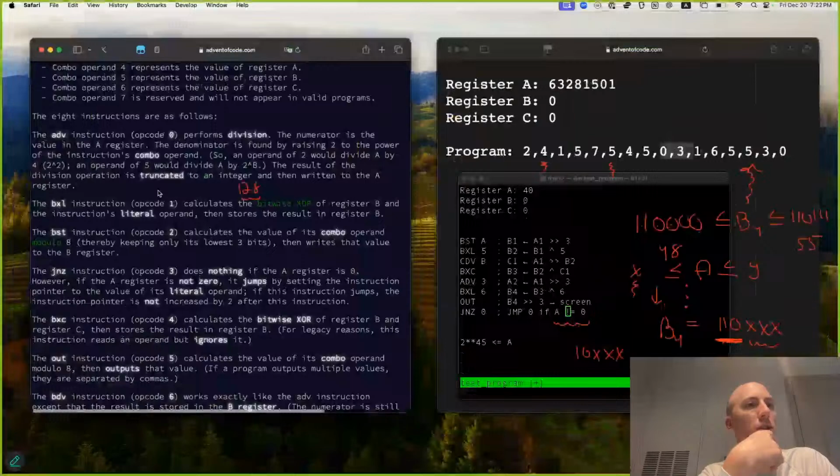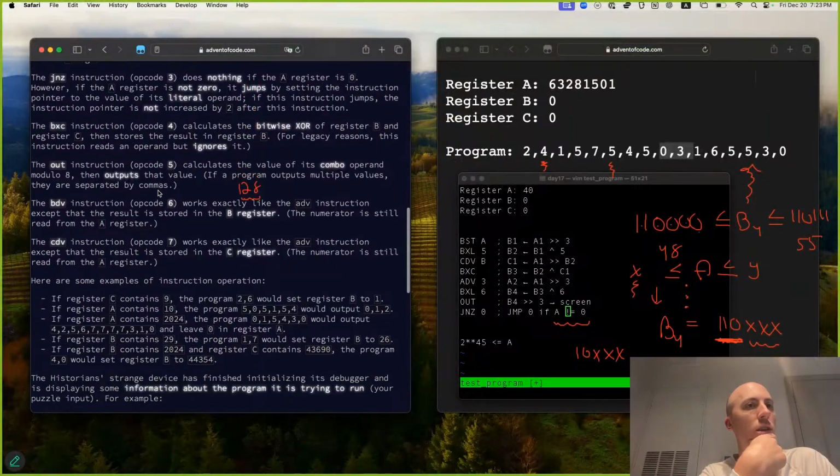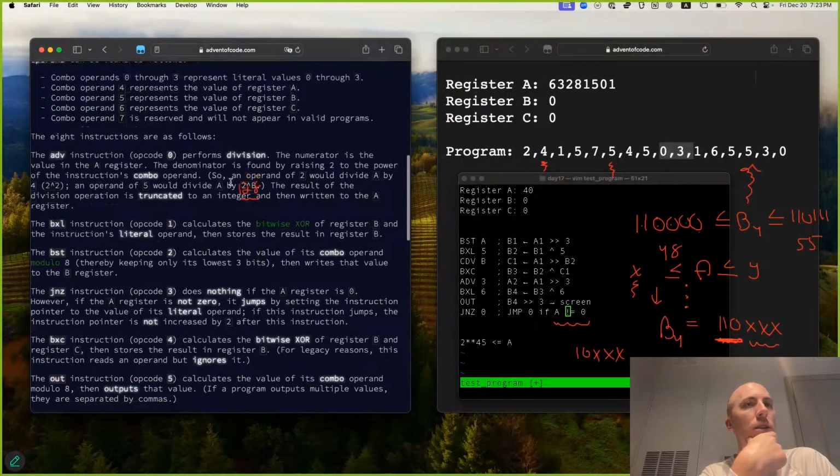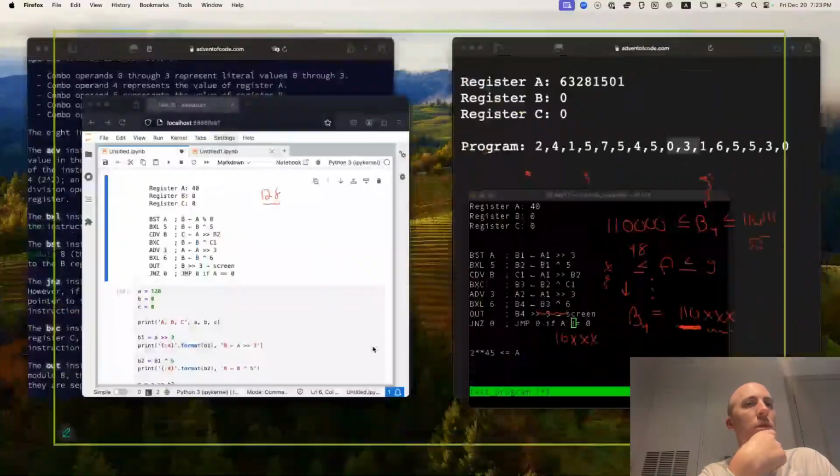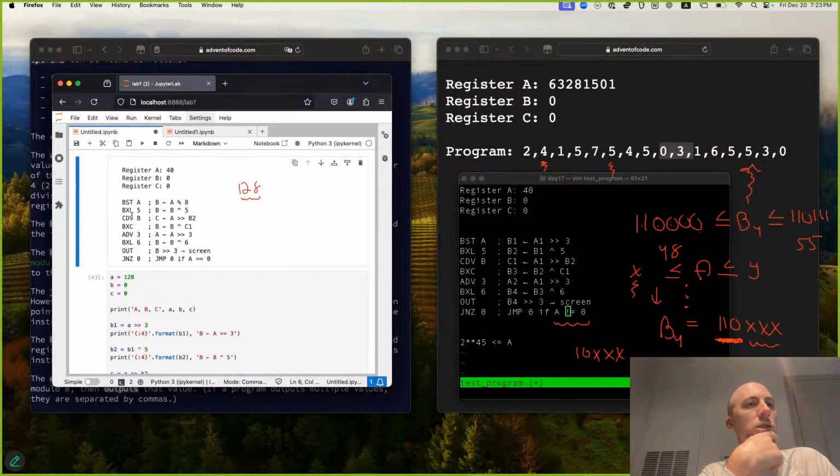CDV, ADV, division. 2 to the power of the combo register. So CDV, this should be the third one, 7, 5.